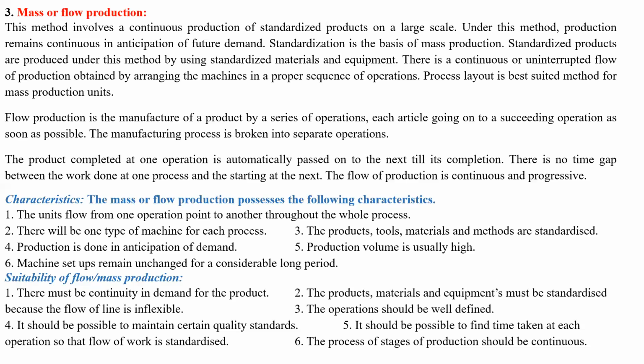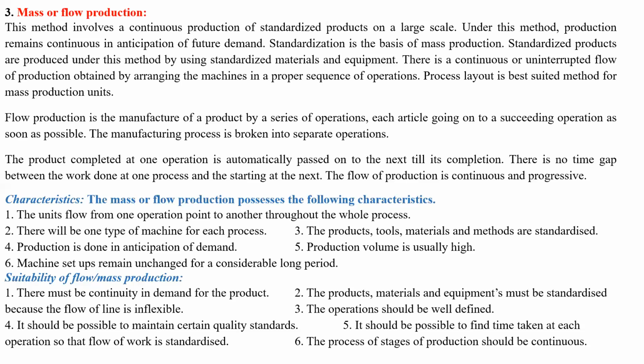Mass production is suitable where we have a continuous demand for a particular product, which requires a flow of production. It is also suitable where the products, materials and equipment are standardized, and we use the same material and machinery to produce the maximum quantity.